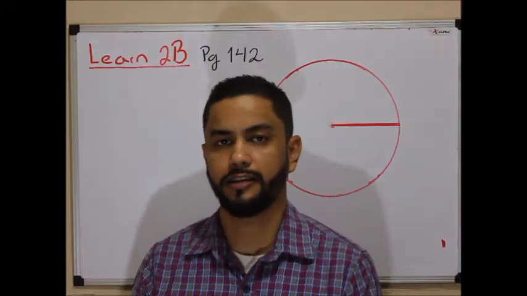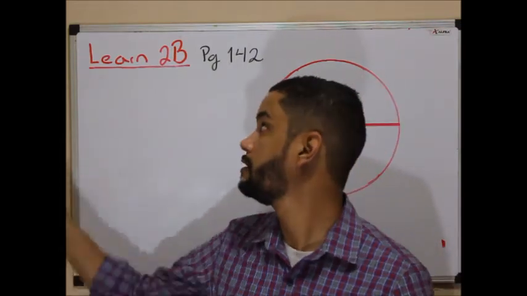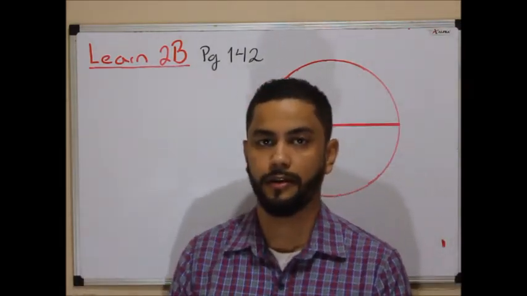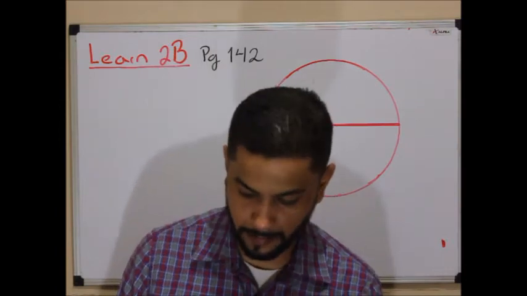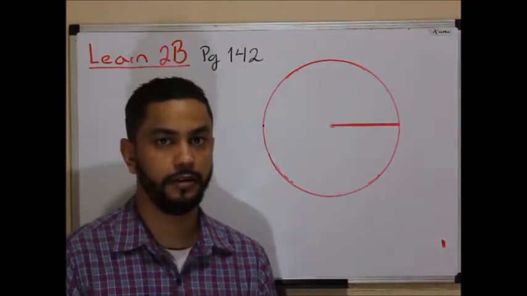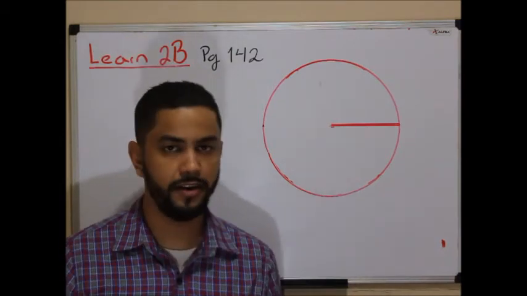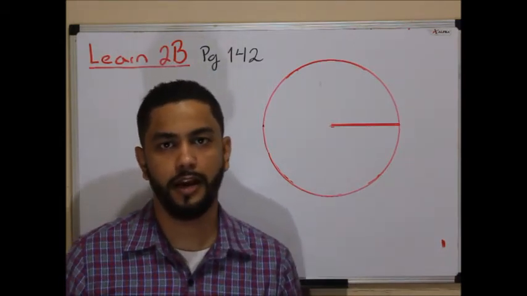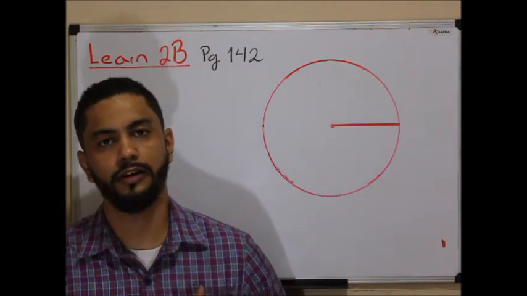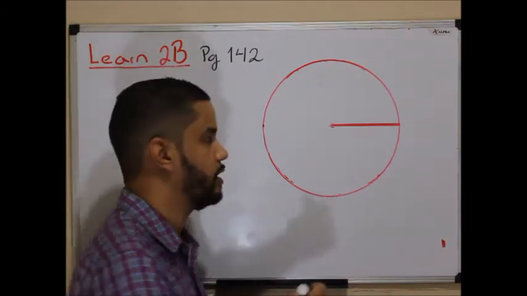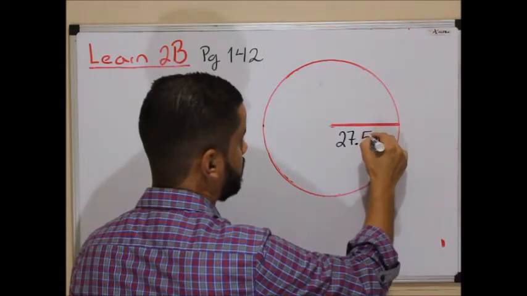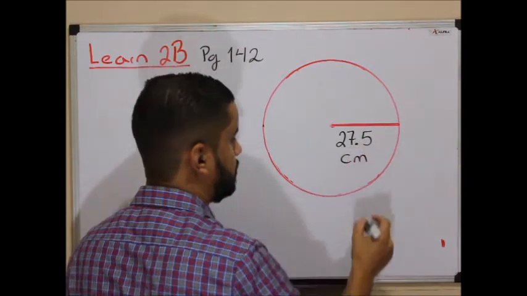For exercise, or for our Learn 2B, we're having there a bicycle wheel, and we're not having the diameter. There we're having just the radius, and the measure of our radius there is equal to 27.5 centimeters.